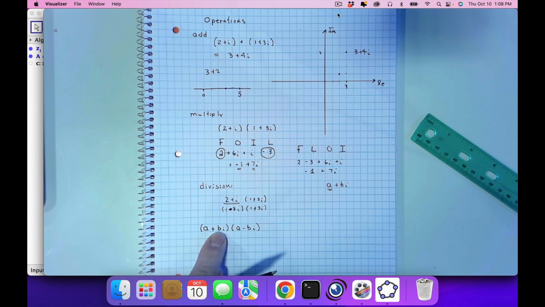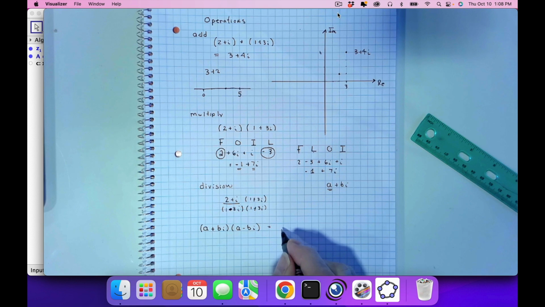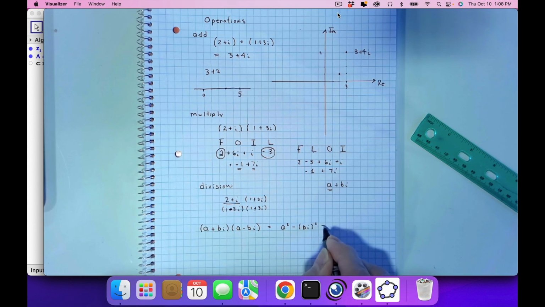We'll take this number, multiply it by its complex conjugate. Well, I can look at this as a difference of two squares, a plus something, a minus something. That's a squared minus bi squared, but i squared is -1. That's a squared plus b squared.